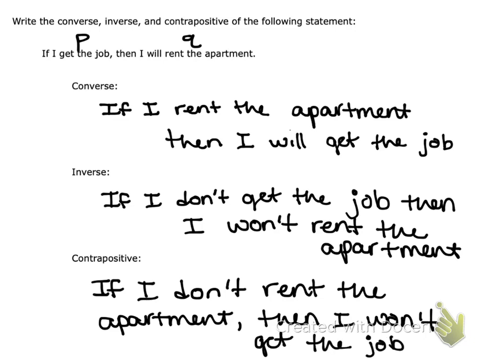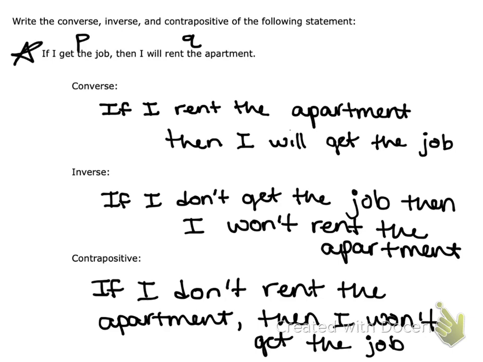Okay, my question for you is this. Of the 4 statements, the original at the top and then the 3 we just wrote, which ones do you feel like share the same meaning with each other? Elizabeth? First one and inverse.